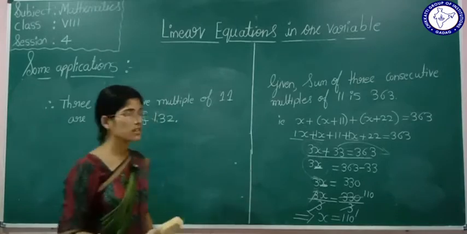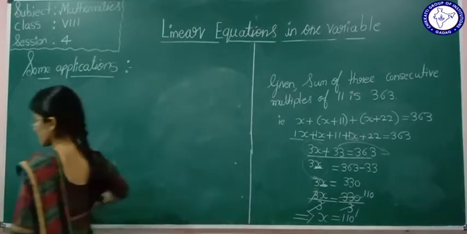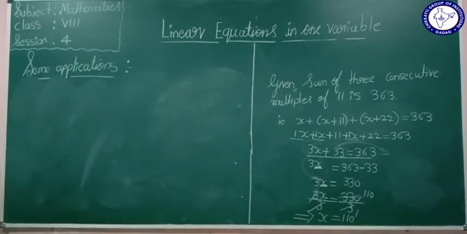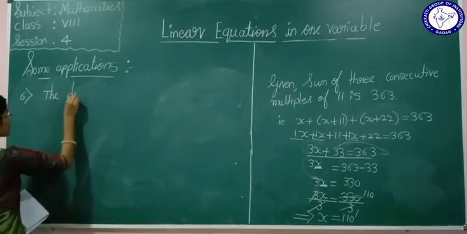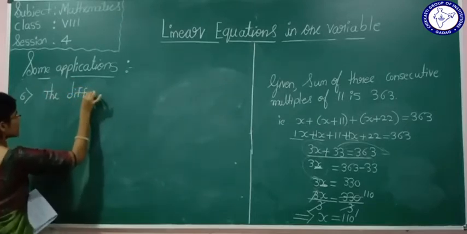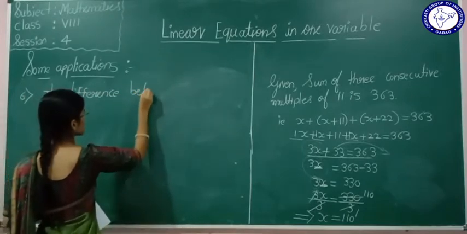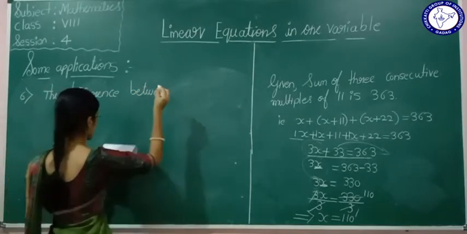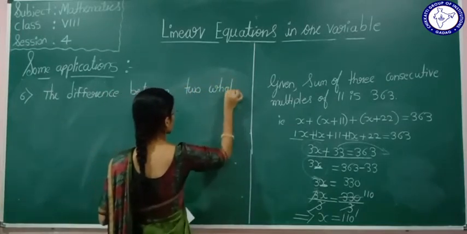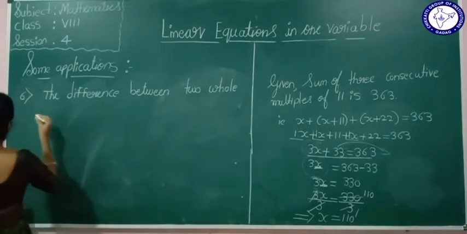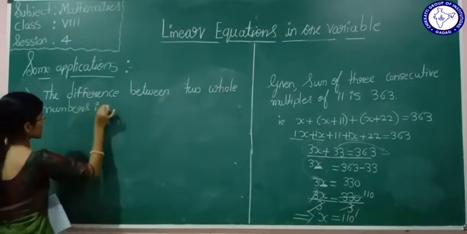Now we will see the 6th problem. Take down. The difference between two whole numbers is 66.